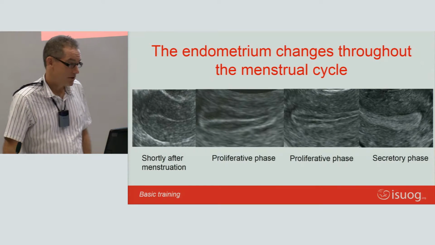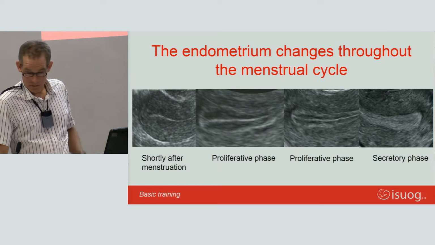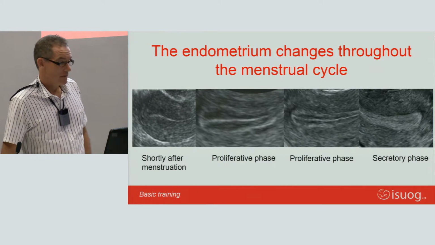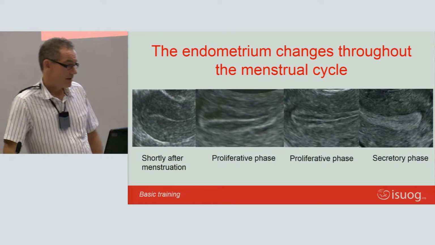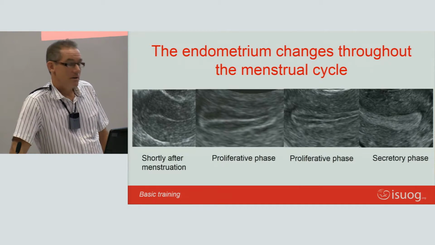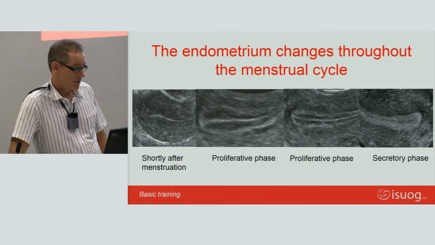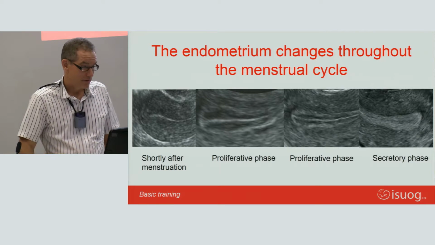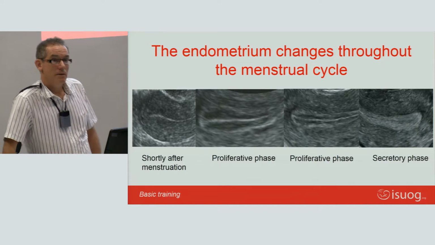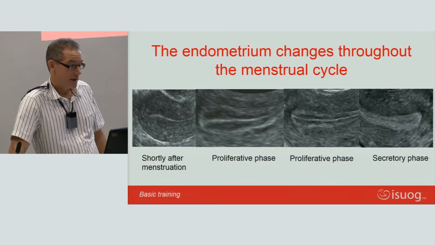So in terms of the endometrium, these are 4 pictures of the same woman as she goes through the cycle. The picture on your left is the appearance of a very thin endometrium post menses. As you proceed through the proliferative phase, you have a thickening of the endometrium, and you see this triple layer appearance.